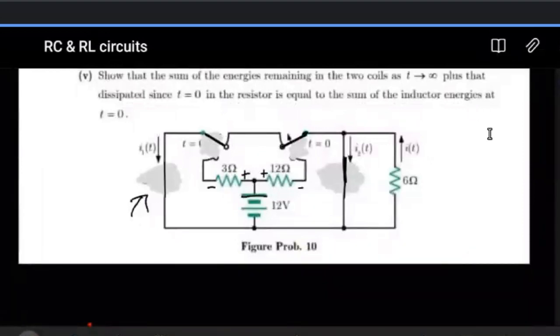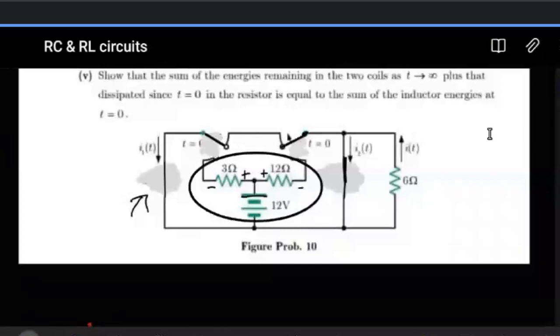Notice that this entire line now has been rendered redundant. It's not doing anything anymore. So this is why we're saying these are source free. When the switch was down, there was a source in the circuit, but now the switch is thrown the other way. Now the source has been cut out from the circuit, and our circuit now becomes a source free circuit.